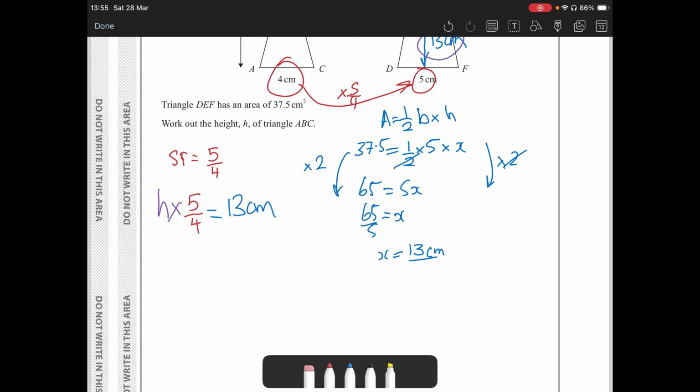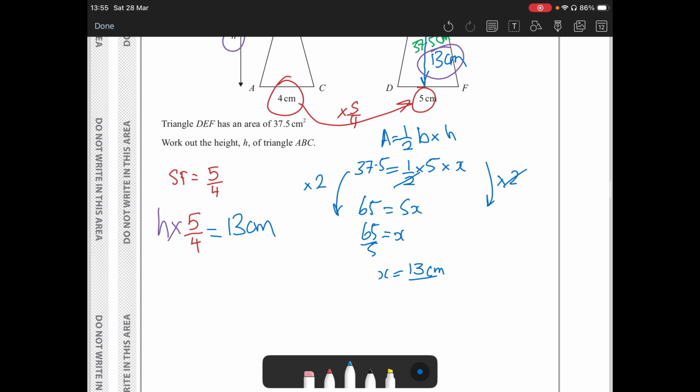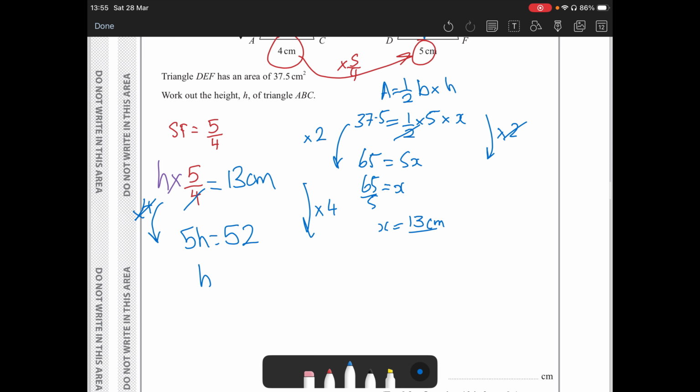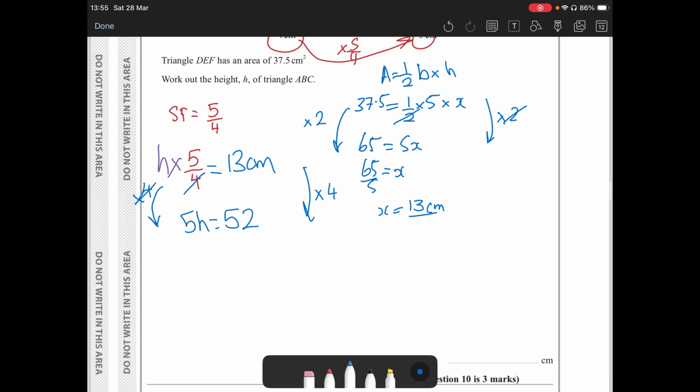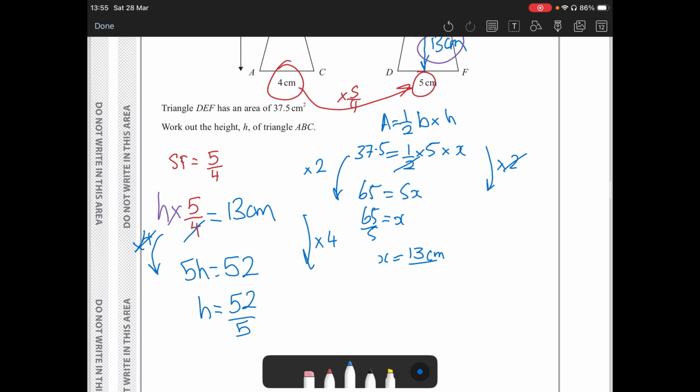What is H? Well, there's two ways, we'll times both sides by 4 to begin with. So you will get 5H, fractions cancel out here, equals 13 times 4, 52. So H is 52 divided by 5, which is very strange because that doesn't make sense.